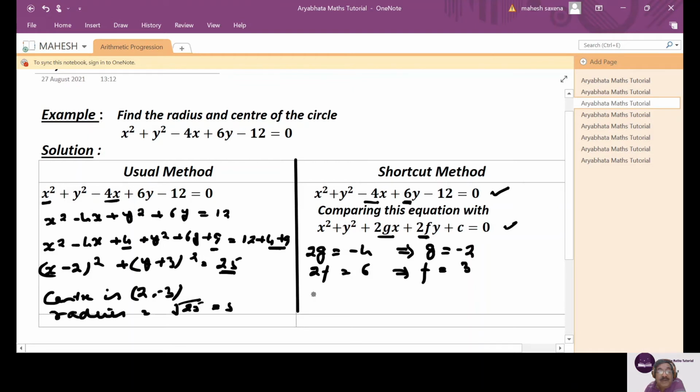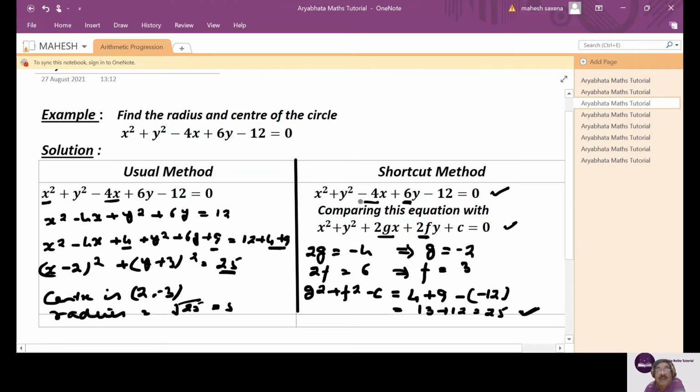And g square plus f square minus c is equal to g square, that is minus 2 square, that is 4. F square, that is 3 square, is equal to 9. Minus c, that is minus 12, that is equal to 13 plus 12, which is equal to 25. It is greater than 0.